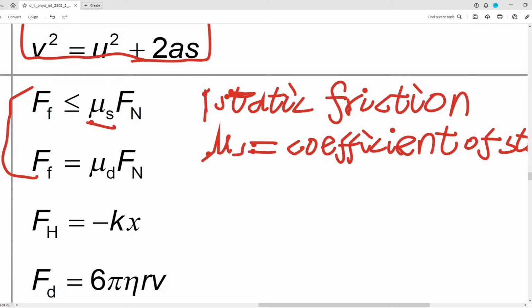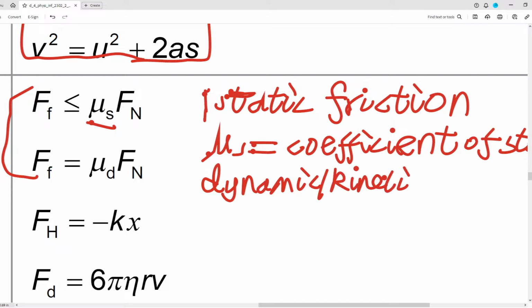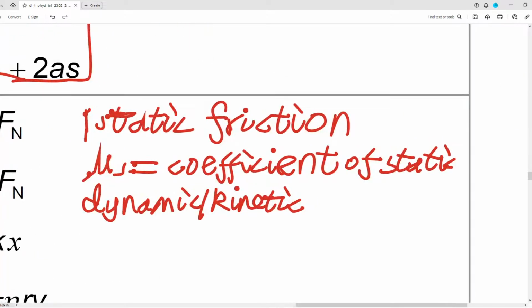I'm going to call it dynamic or kinetic, sometimes also called sliding friction, because when rotating it's actually static friction. As we learned, when rotation is not slipping, the relative velocity is actually 0, otherwise it's slipping. Okay, sliding friction, I'll just add F like that.